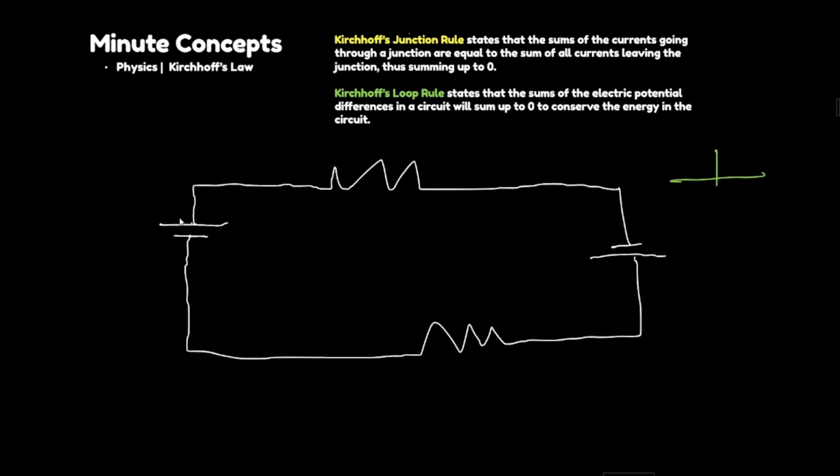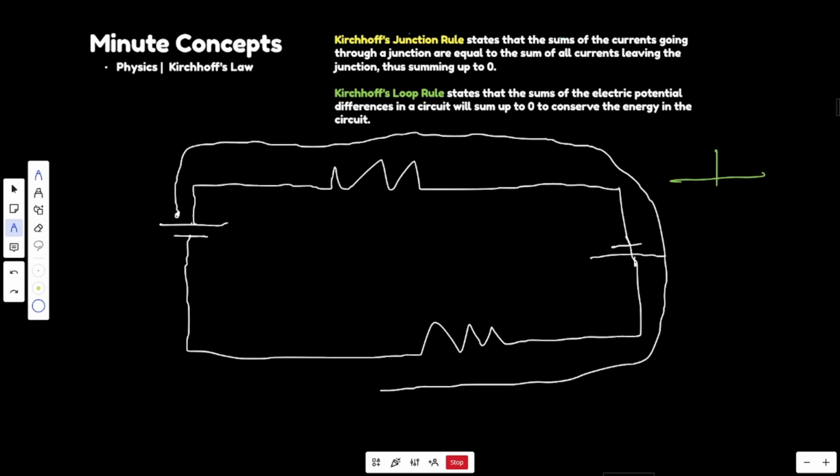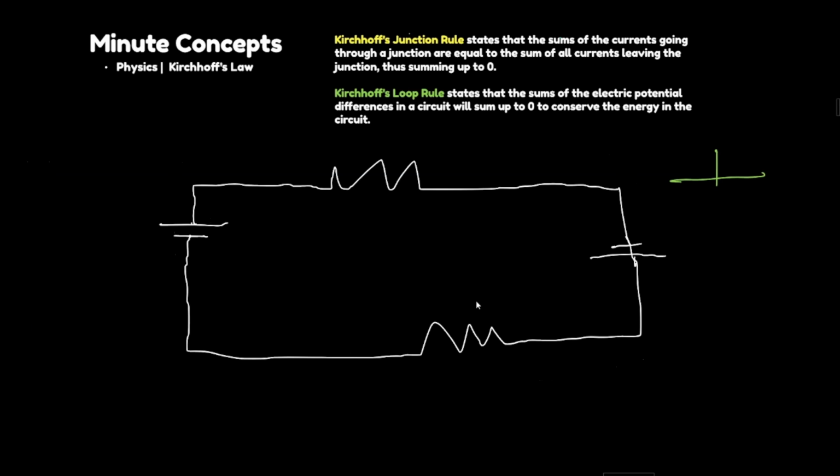For example, let's say this battery didn't exist and this was just a line, my potential energy would be decreasing from the positive. So from here at the point of maximum potential, I'm going to be lowering it because I'm getting closer to the other negative side until it eventually drops down to zero potential energy, and then the loop continues.